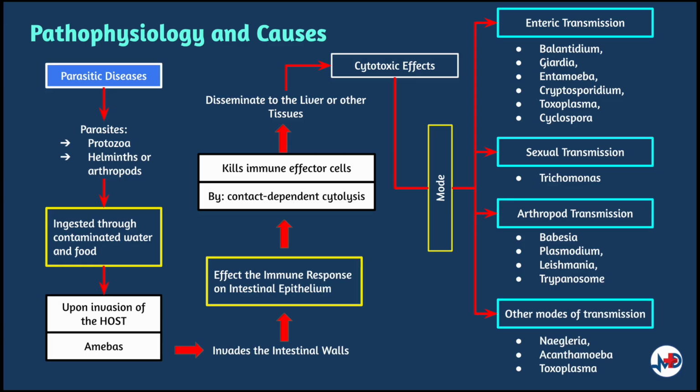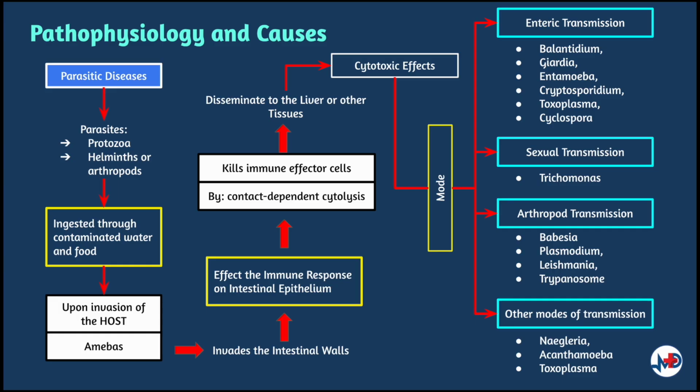The classification of representative protozoa according to mode of transmission can be done as follows, where you can have enteric transmission, such as caused by Giardia, Entamoeba, Cryptosporidium, Toxoplasma, Cyclospora, and Microsporidia.